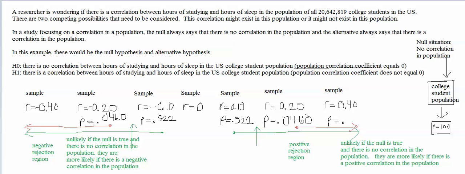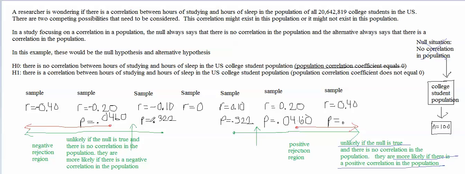So since these outcomes in the positive rejection region are unlikely when the null is true, that means the null is rejected. And they're more likely if there's a positive correlation in the population, which is why in the positive rejection region, you conclude that the population actually does have a positive correlation.